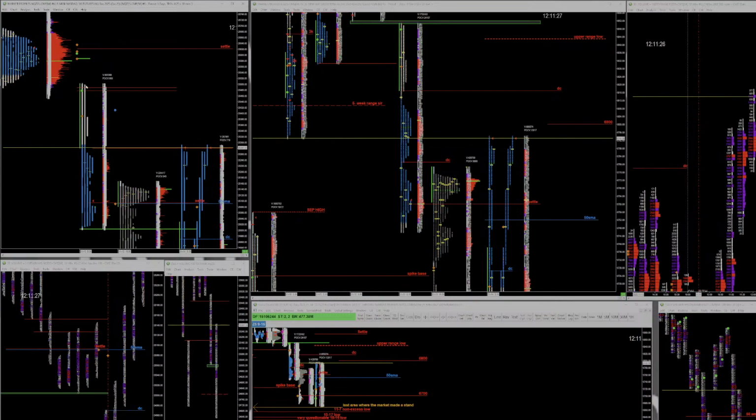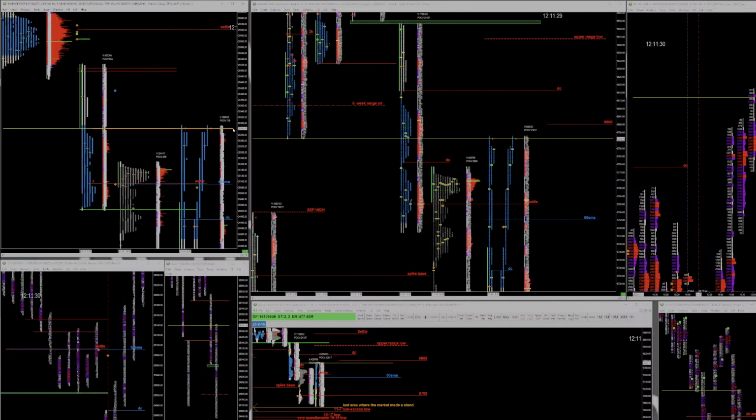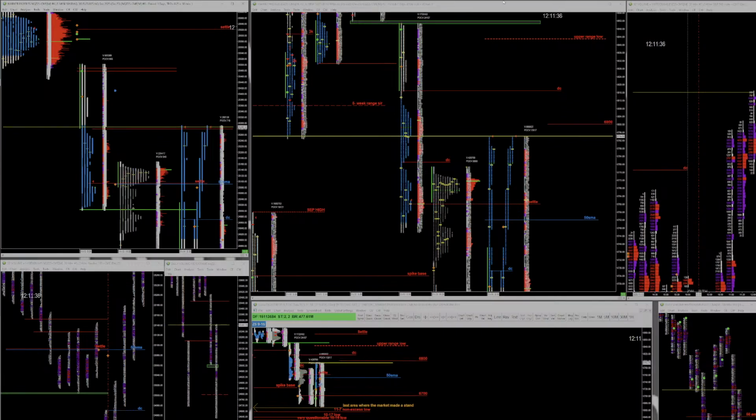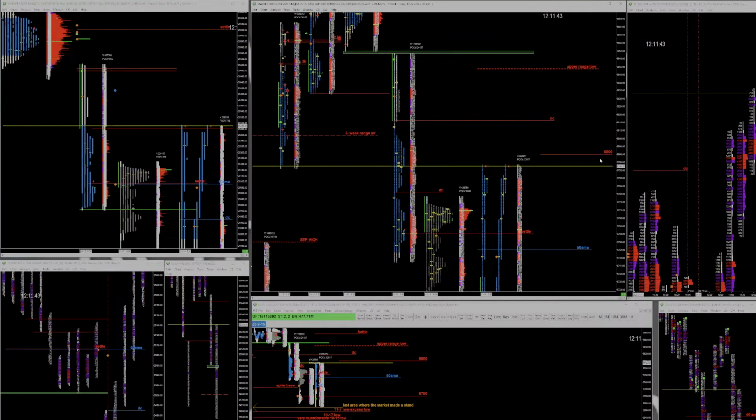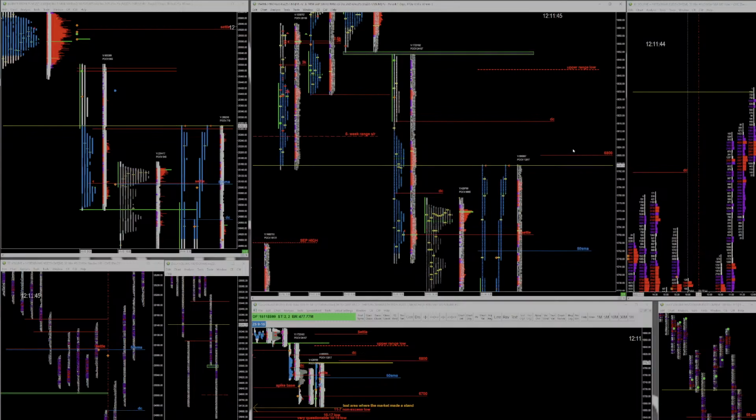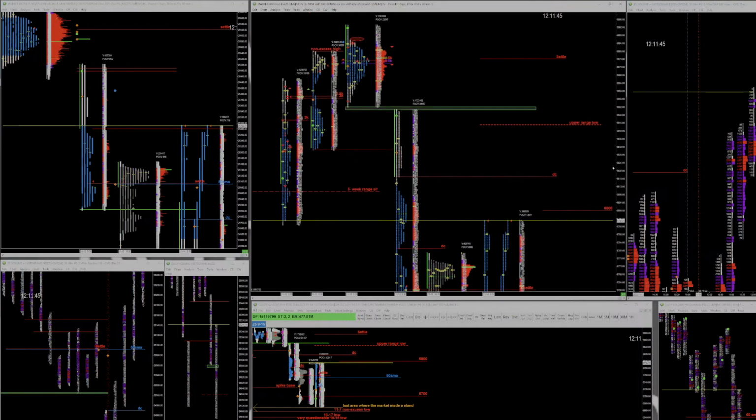It does have minimal excess up here, but the volume is not that much here. The ES still has this upper distribution to close. It has the 6800 right there, and it may, I don't know, man.